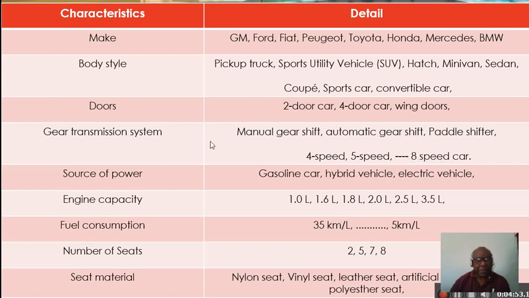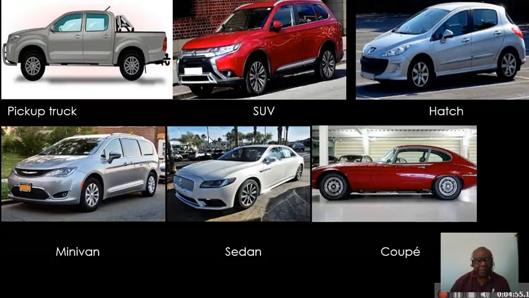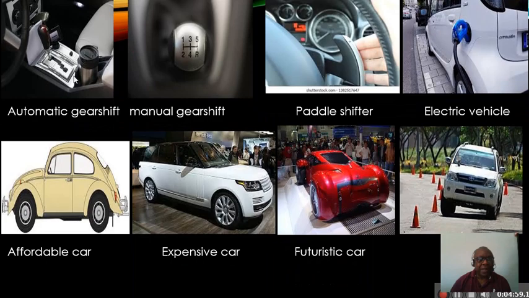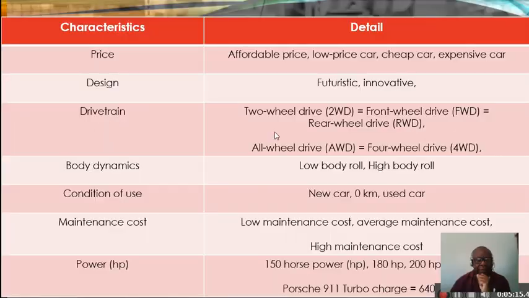So for the gear transmission system, we have the examples here. Here we have automatic gear shift. That's an example of it. Here we have the manual gear shift. We have the pedal shifter. So these are examples of the gear transmission system.